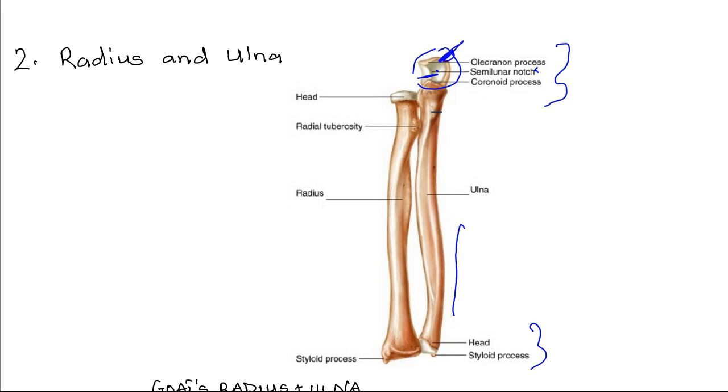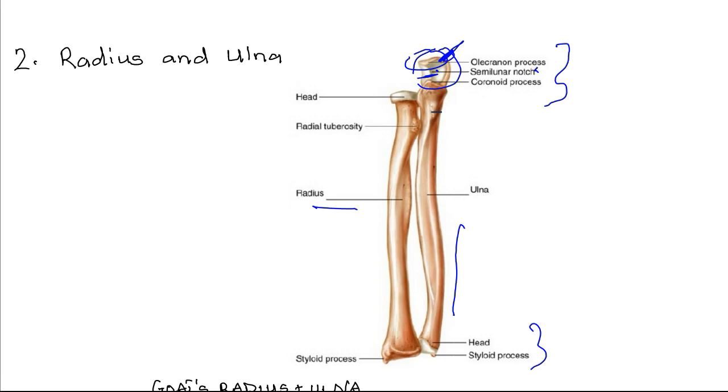This process offers two functions. One, it provides a large surface area for muscle attachment, and two, it prevents overstretching of the forearm at the joint. It is this olecranon process that fits into the olecranon fossa of the humerus when the arm is stretched.